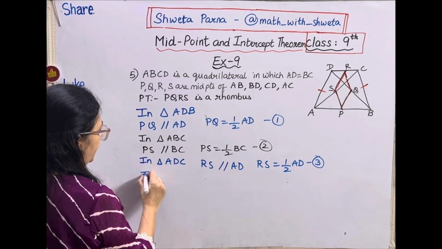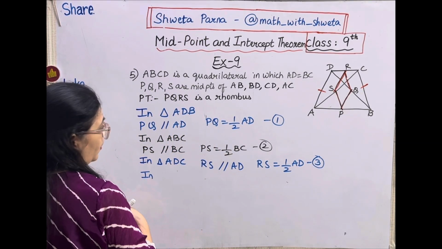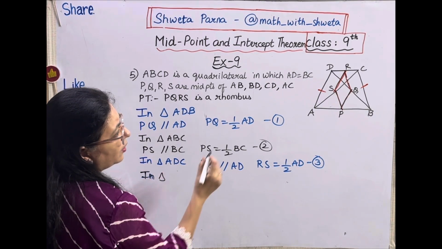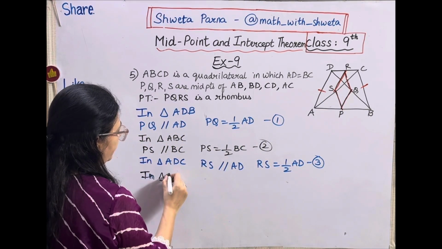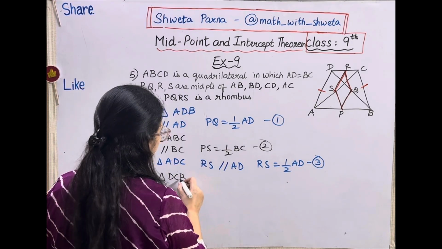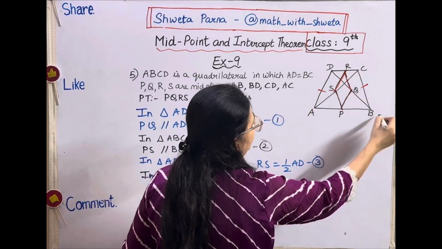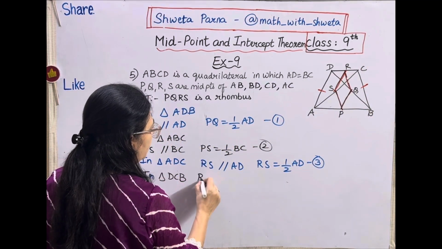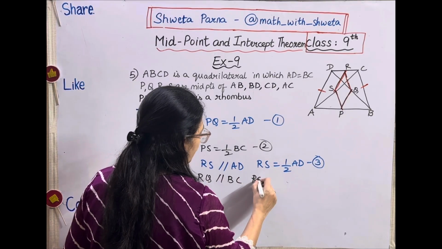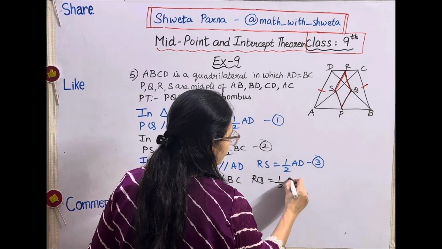Same way, in triangle DCB, two lower triangles, two upper triangles. In triangle DCB, RQ is parallel to BC. So RQ is half of BC.